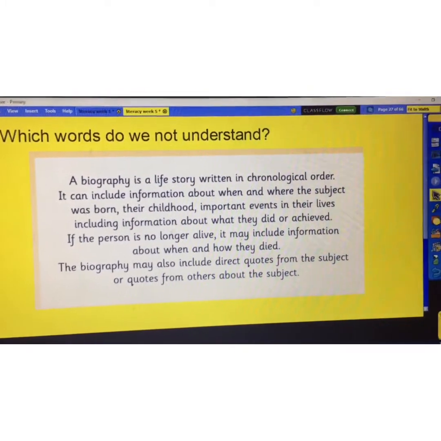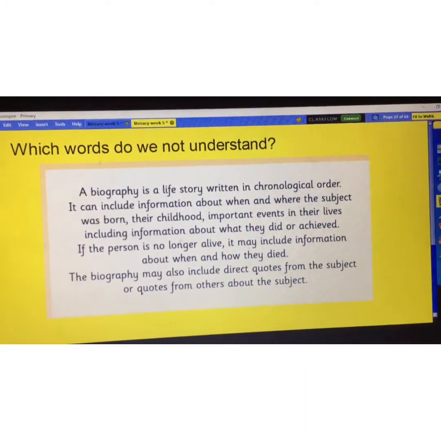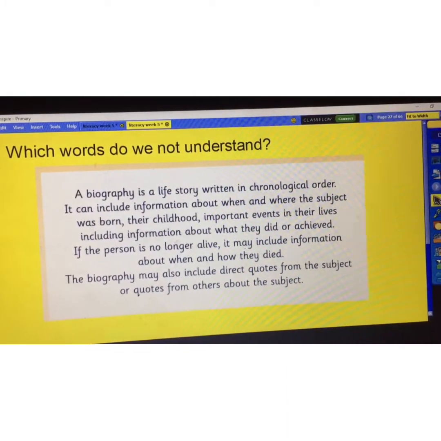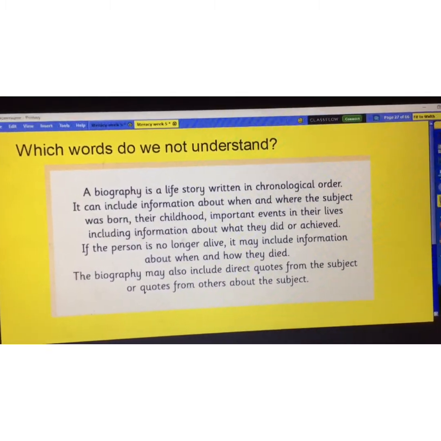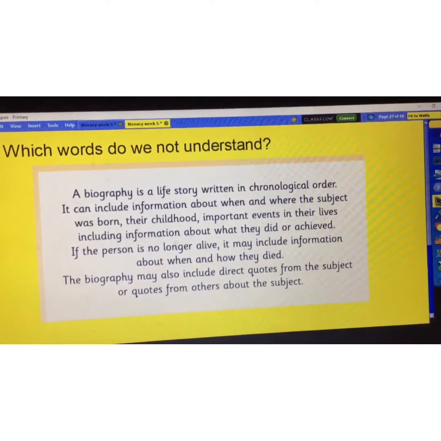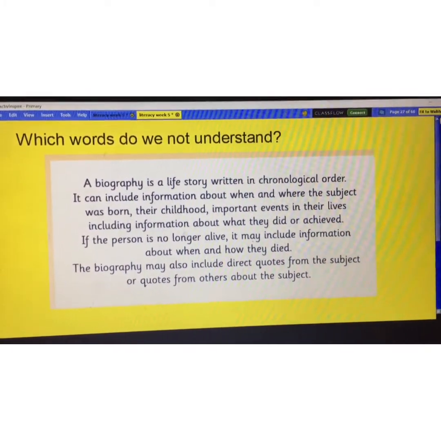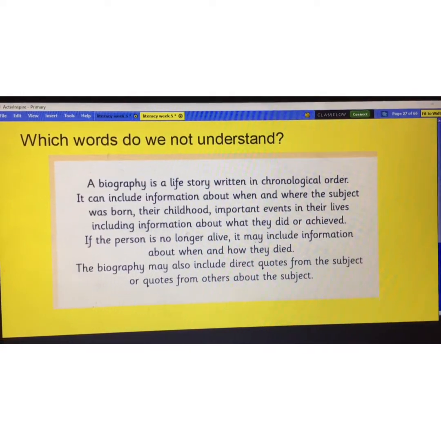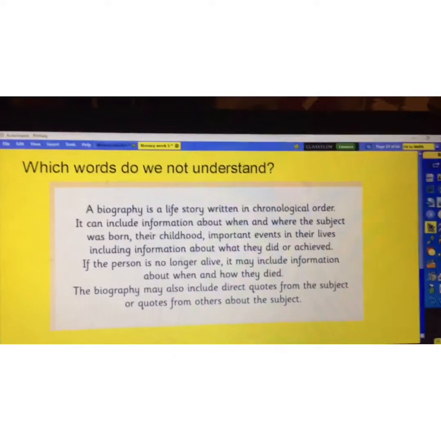It can include information about when the subject was born, their childhood, important events in their lives, including information about what they did or achieved. If that person is no longer alive, it may include information about when and how they died. A biography may also include direct quotes from the subject or quotes from others about the subject.